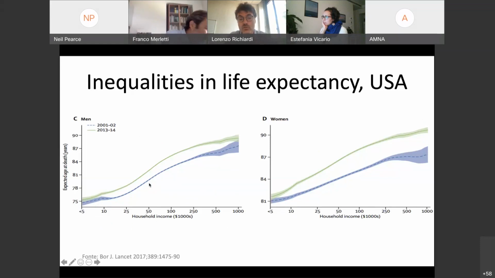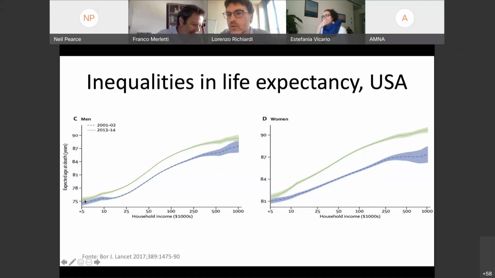You can also see that the difference between high income and low income, which is quite large in the United States, at least, but also in many other countries, is quite alarming, because we have 87 years here in high income households and 75 here.